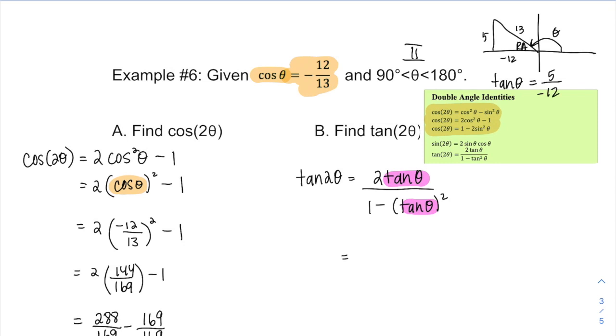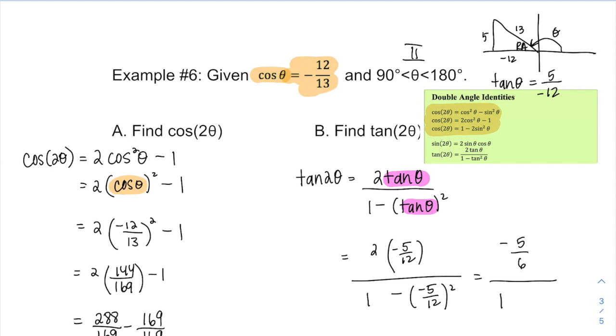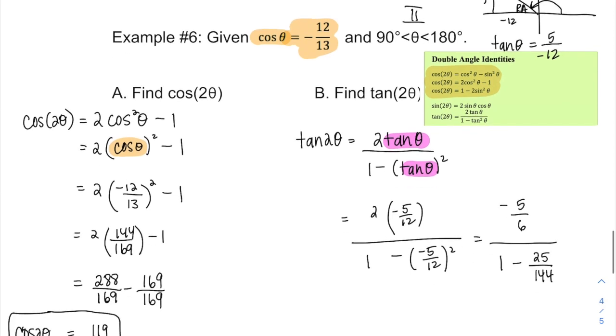So now I'm going to go down to my formula. Where I see tan theta, I'm going to put negative 5/12 in. And then I'm going to start cleaning this up. Let's say we get negative 5/6 on top over 1 minus 25/144, which is 119/144. We're seeing that same number in there.